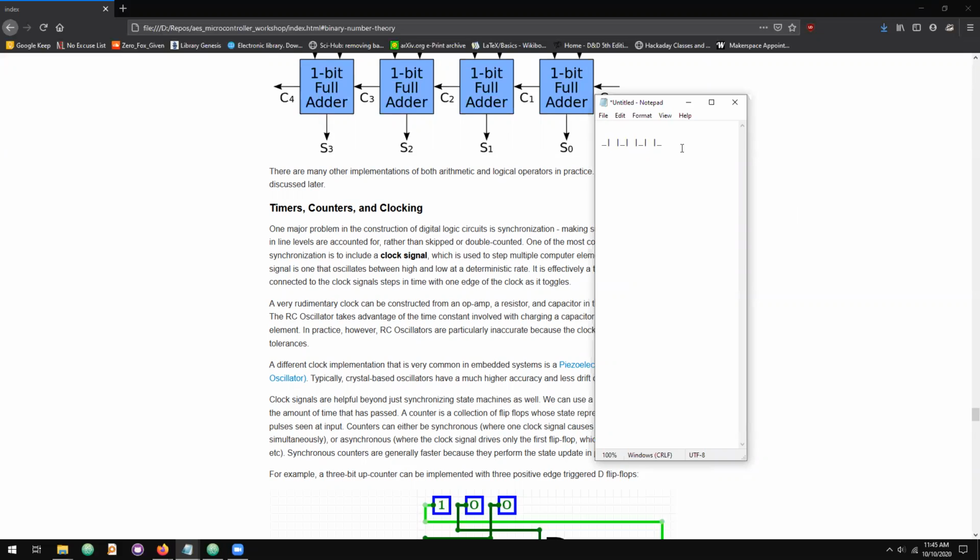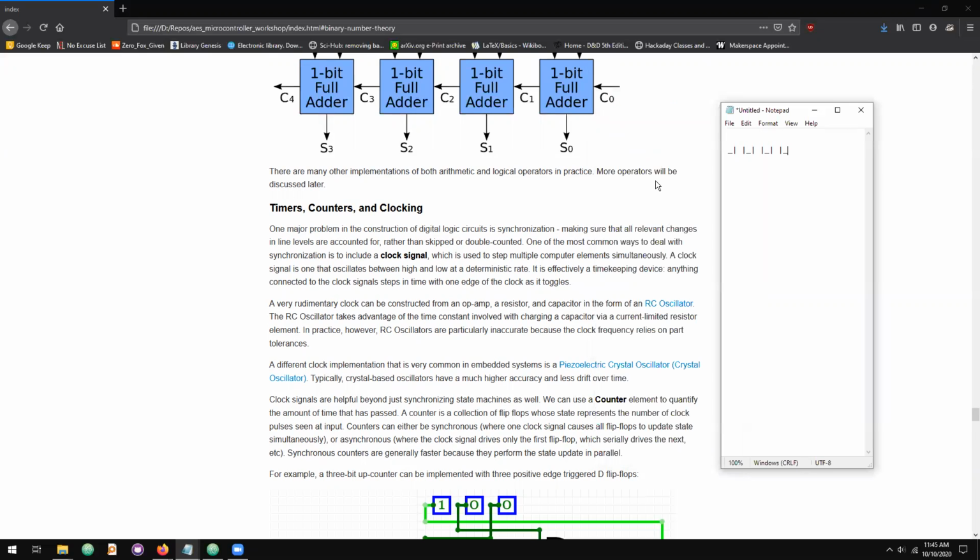A clock signal does this at a very fixed frequency that is known, and that's useful for a lot of different applications that I'll get into later. But we can use this to build systems like counters and timers.